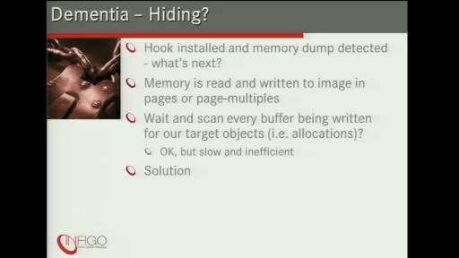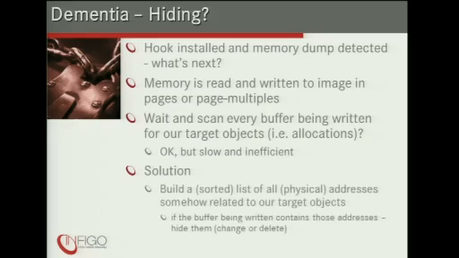We'll see why later. So the solution that I have chosen is that when I detect that a forensic memory dump is being created, I create a sorted list of all physical addresses of my target objects and all objects that are related to my target objects. So, for example, when a buffer is being written, if that buffer contains any of the physical addresses that I have collected, we simply hide them.